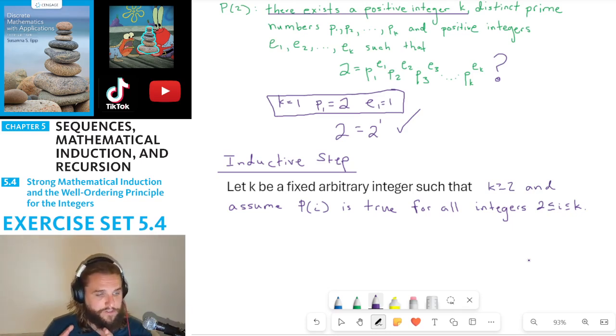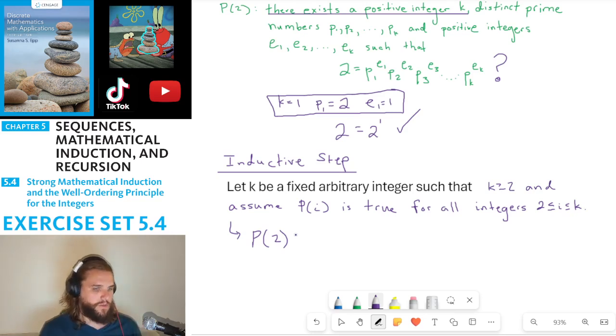But k is fixed, which means that there are a fixed number of integers between 2 and k, which represent all of the values of the index variable i. Now, put simply, this means that we're assuming that p of 2 is true, although we've just shown that p of 2 is true in the base case. And this means that 2 can be factored with a prime factorization, and we already showed that.